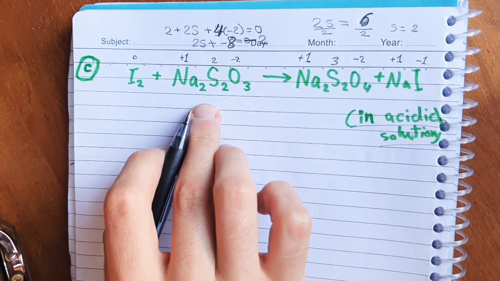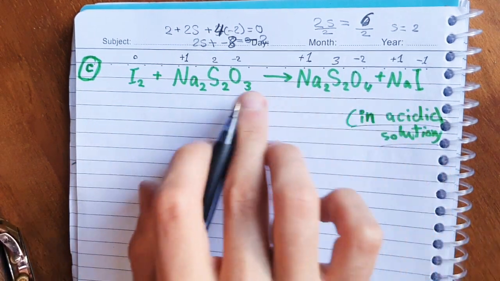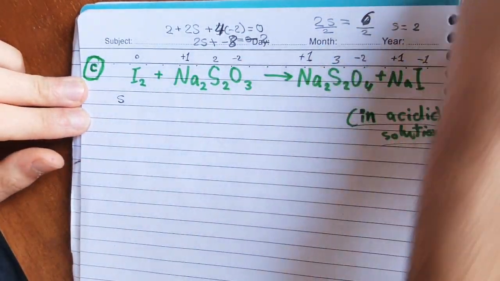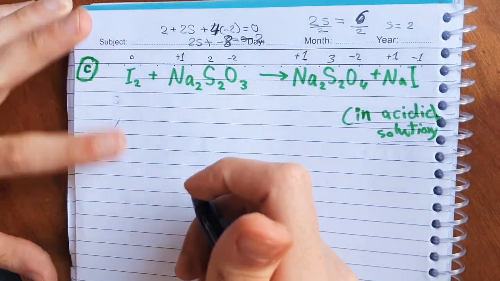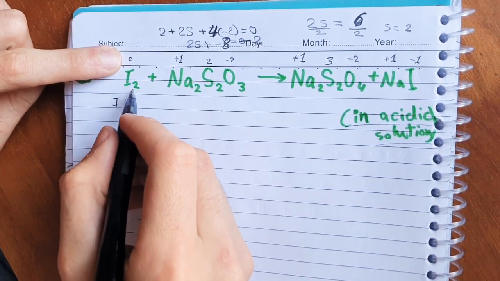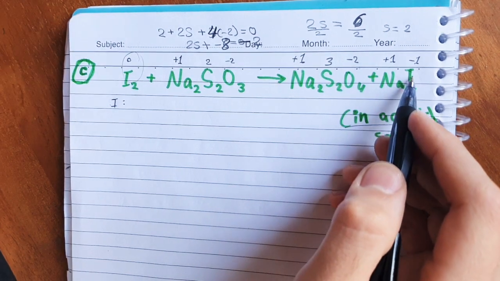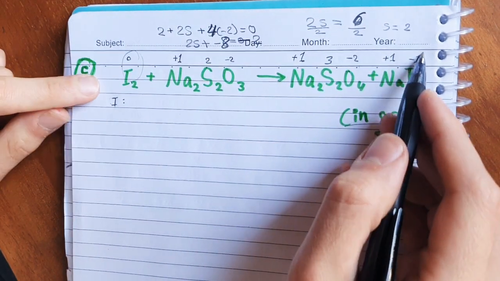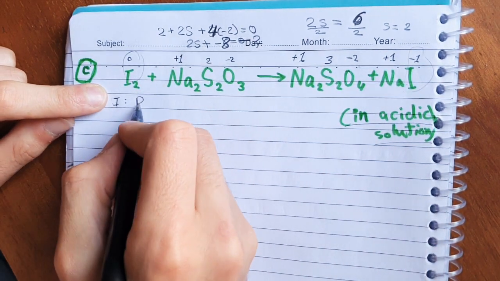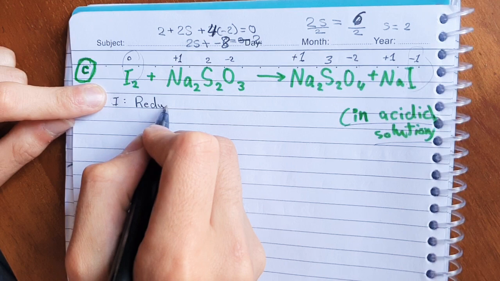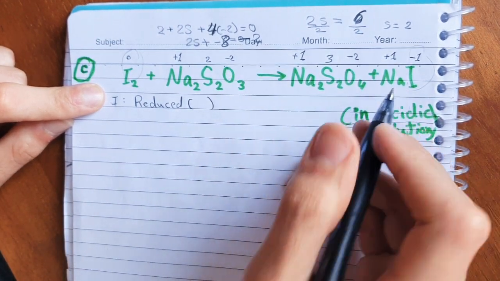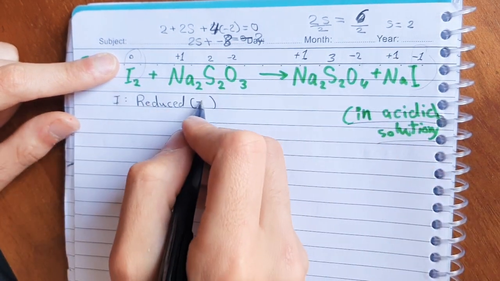Looking at this, you might notice that the I and the S have changed. Let's start with the I. The I goes from 0 to -1, which means it has decreased, or in other words, it has been reduced.